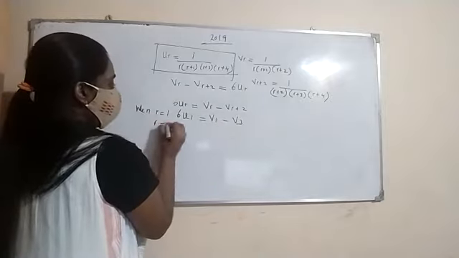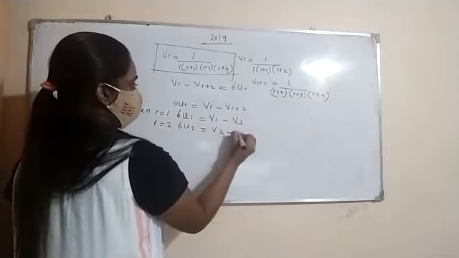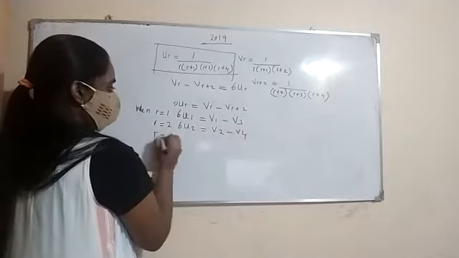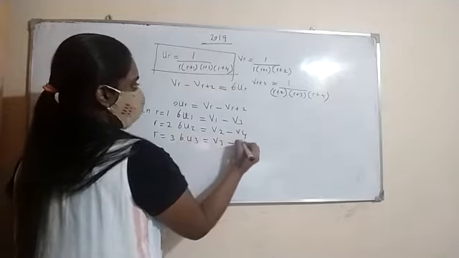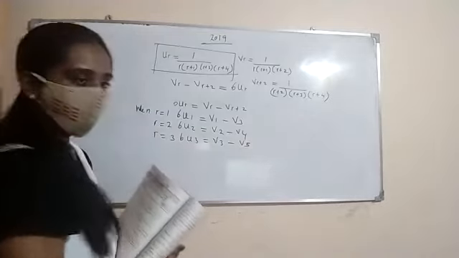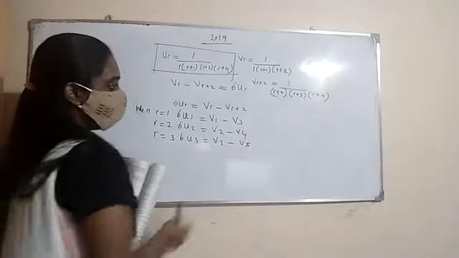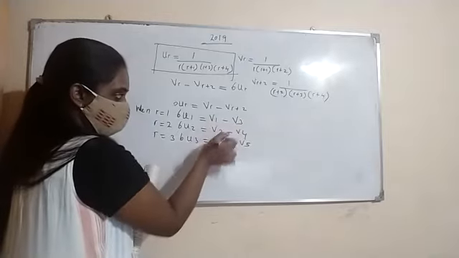When R is equal to 2, 6U2 is equal to V2 minus V4. When R is equal to 3, 6U3 is equal to V3 minus V5. Like this we can write up to n. So when we get terms like this, you see this V3 and V3 are getting cancelled off.